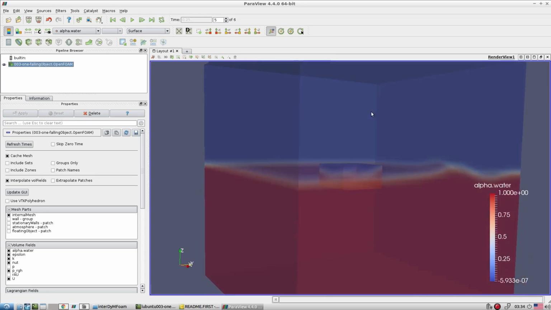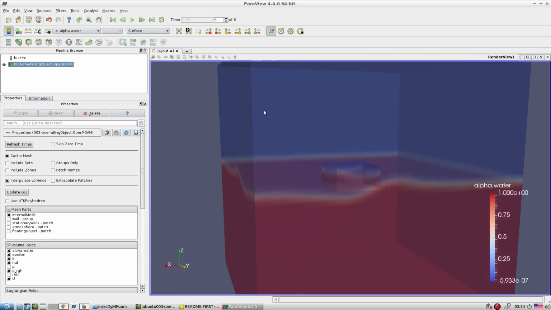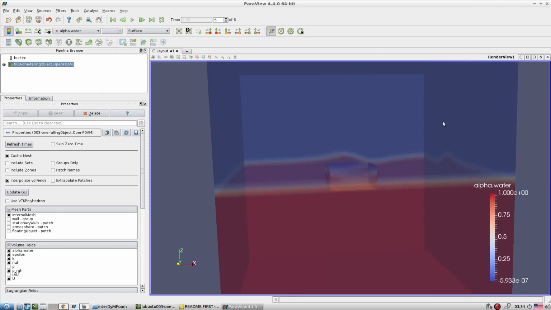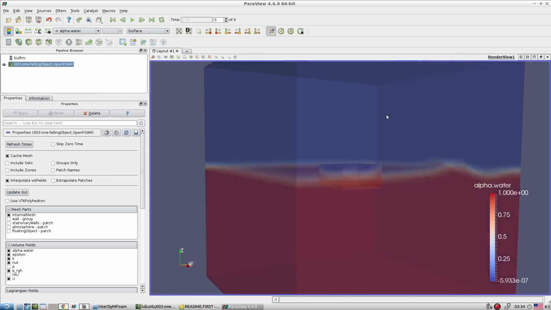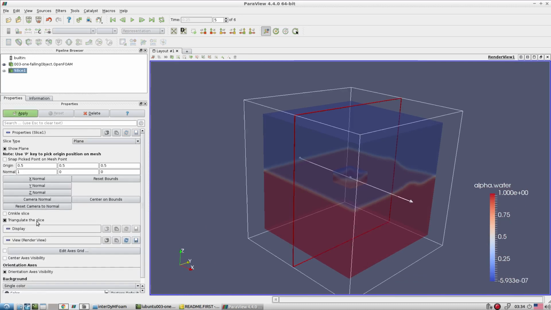So I suggest please run this case and have an idea about this interface movement, how the interface is moving when this particular object is hitting the water surface. For that, let's cut the plane so it gives us a little bit more idea.